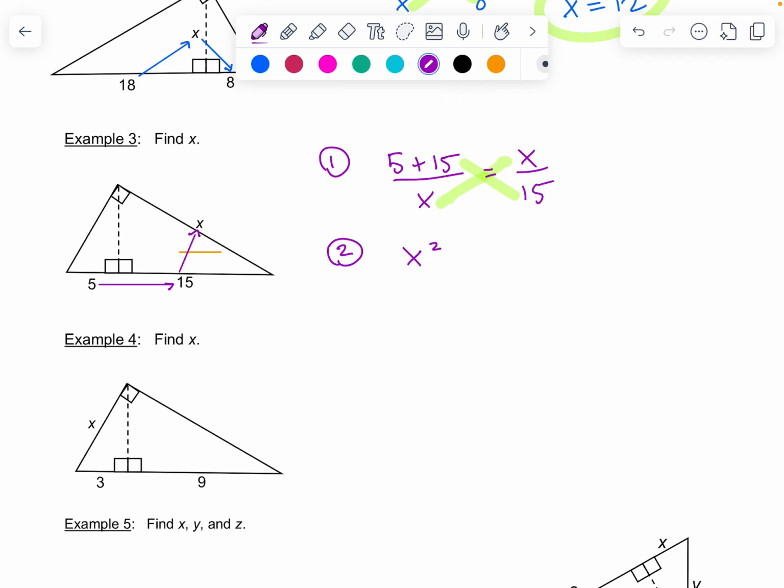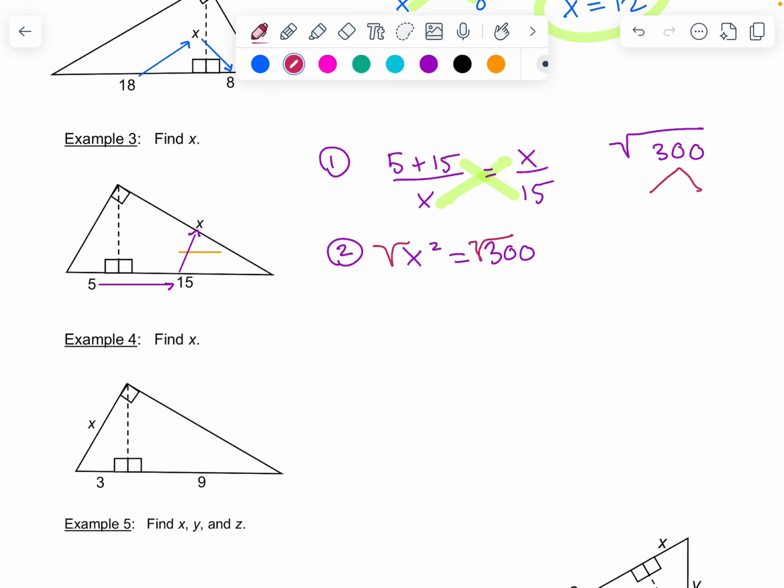So we'll cross multiply. And we'll get x squared equals 5 plus 15 times 15, so that's 20 times 15. It's going to give me 300. And to find x, I would take the square root of both of those. So 300 is not a perfect square, so we are going to have to simplify it. So remember, I'm looking for two numbers that will multiply to 300, preferably with the largest perfect square that I can.